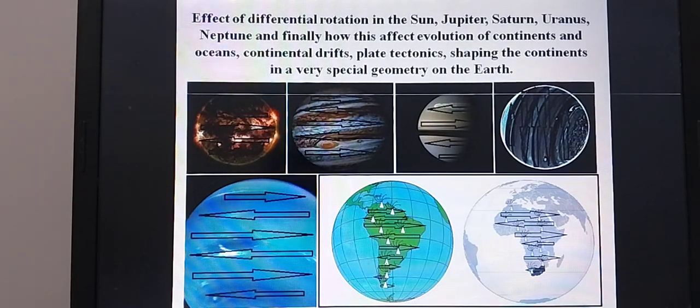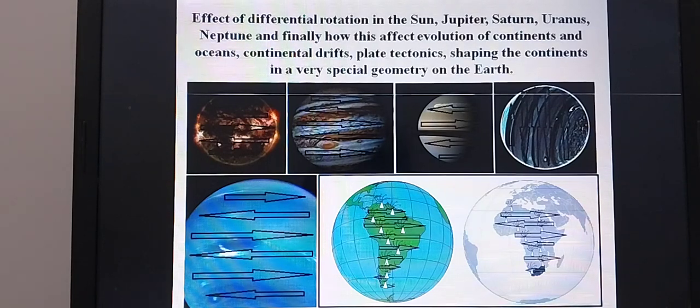And in previous parts, as we discussed, we were discussing how the long process of differential rotation is the main cause of the similar coastline of South America and Africa.